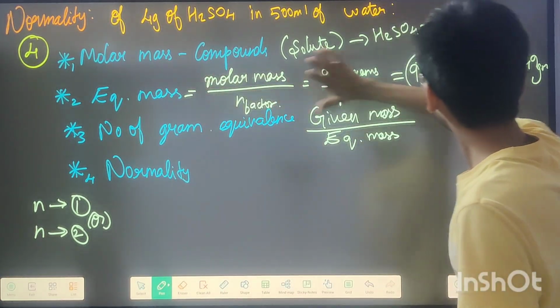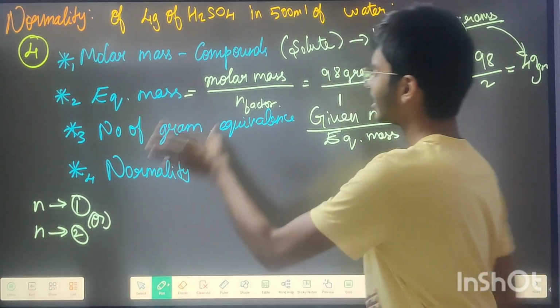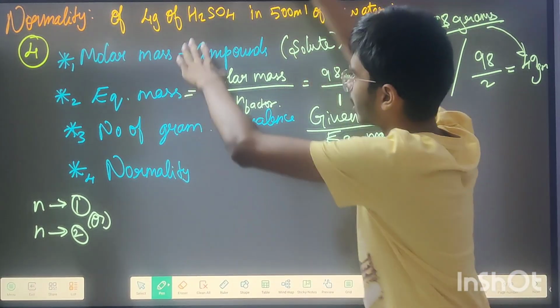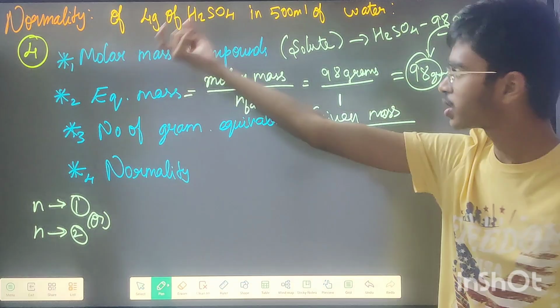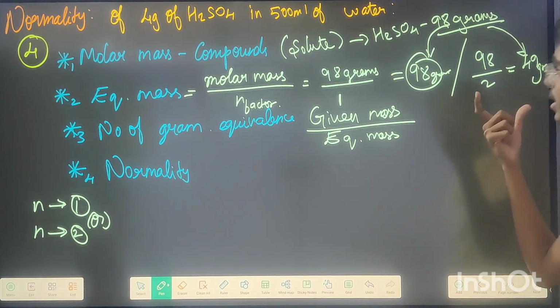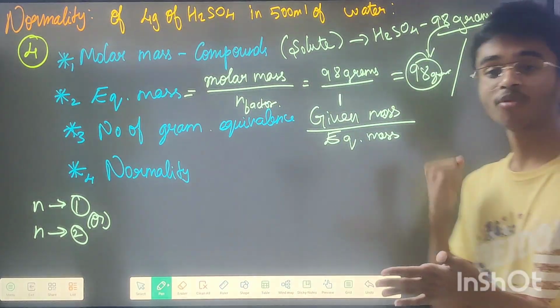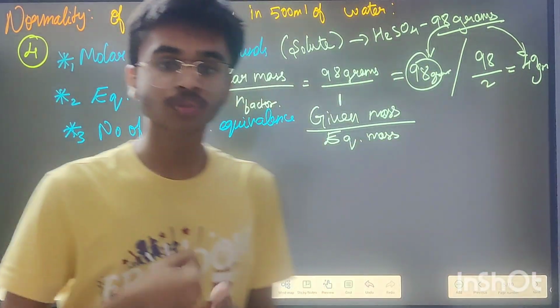See here, how can I explain this? Out of 4 grams, since given mass is 4 grams, how many grams of H2SO4 can react?